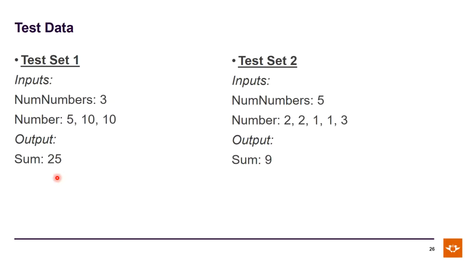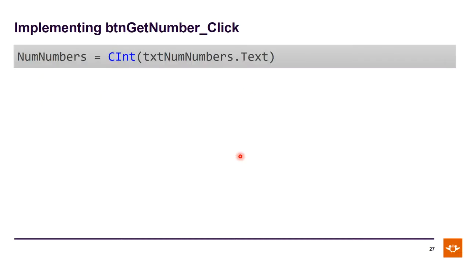Then you would push in 10, second button, and then 10 again, second button, and then what should you expect? You should expect 25 in the third text box. If it doesn't do that, it means that your program has a problem. Okay, and you do the same thing with test set 2. Is it important for you to have more than one test set? Yes, it is. Why? Because you're testing for different scenarios.